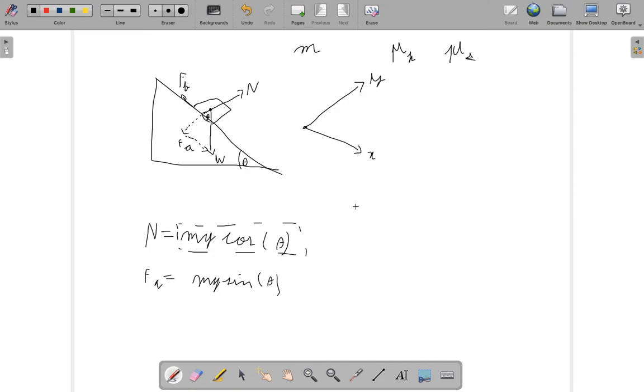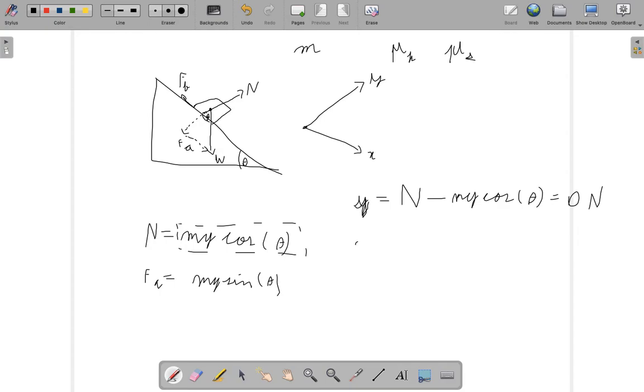So in our y-plane, or the forces that are acting up or down perpendicular to the ramp, we know there's a normal force that's acting up, and we know that there's a component of gravity, mg cos of theta, that's acting inside. Our normal and mg cos of theta cancel to 0, so there's no motion in the y direction over here because our net force is 0.